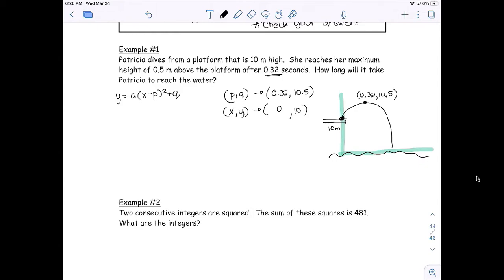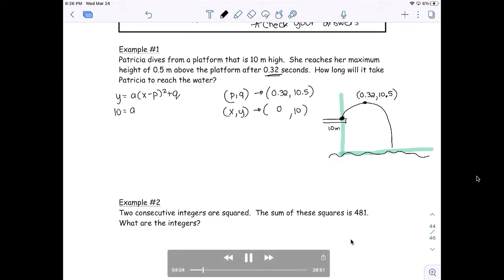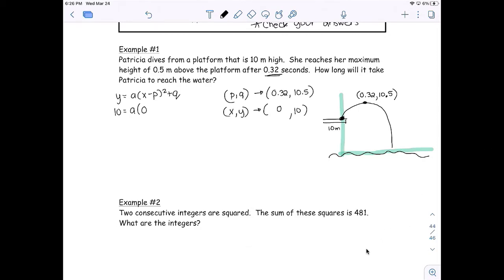Okay, so now that we have our x and y, we're going to start plugging these into the equation. So what I did was I replaced y with 10, a stays as it is, and then you have to add your q value, which is 10.5.